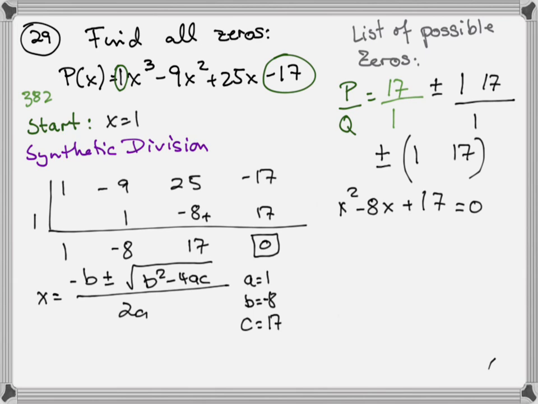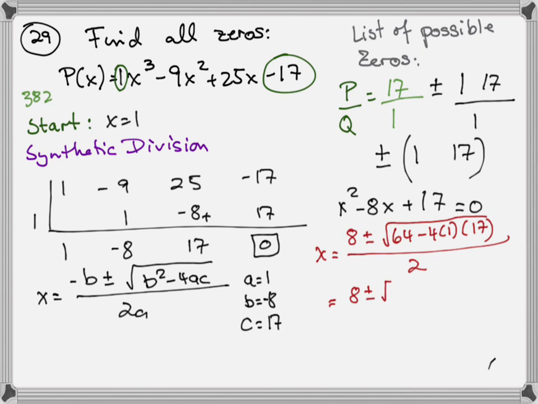x equals the opposite of b, which is a negative 8, is 8, plus or minus the square root of b squared, 64 minus 4 times 1 times 17, all divided by 2 times 1. Calculator. 64 minus 4 times 17 is, what did you get? 8 plus or minus square root of negative 4 all over 2.